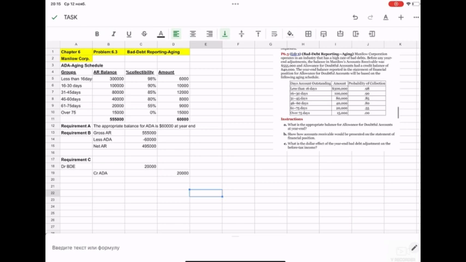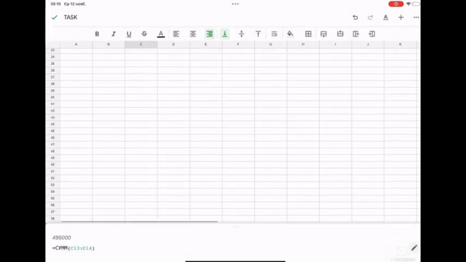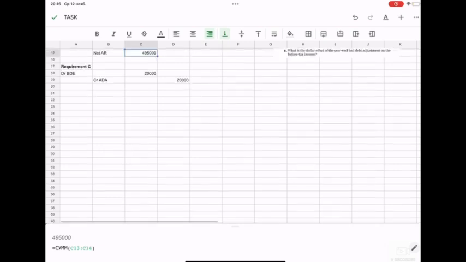Thank you for watching. To summarize, I used the aging method to estimate the uncollectible accounts, and I required the ending balance for the allowance, which was 60,000, and the adjusting entry increased it by 20,000, and at the last, the net account receivable was reported at 495,000. I can also show it like this.